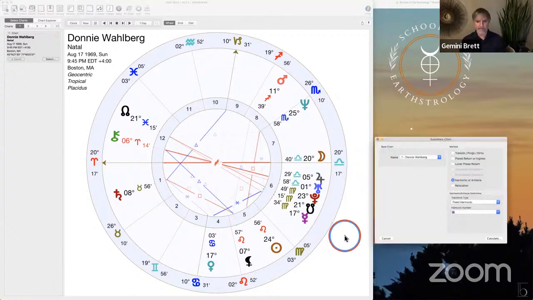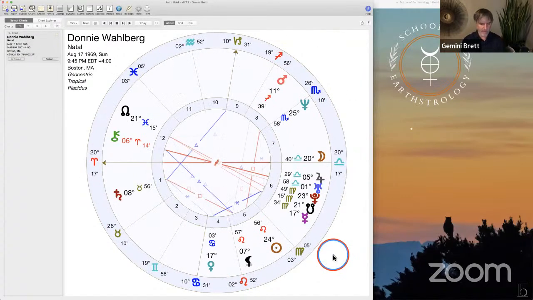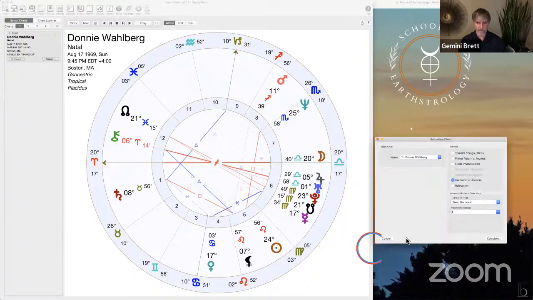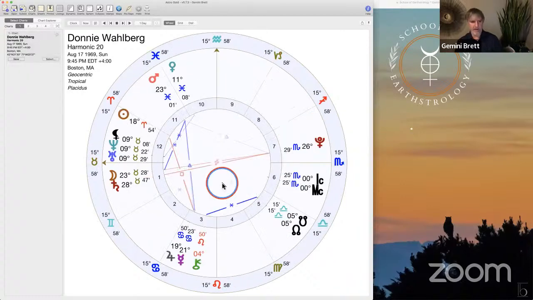Anyway, if we cast the fifth harmonic chart for Donnie Wahlberg, we're going to see a Venus-Mars conjunction. All right. If I cast the 20th harmonic chart, we're going to see Venus and Mars as well. They'll be further apart than they were in that one. And then interestingly, Jenny McCarthy also had Venus Mars in her fifth harmonic, right?